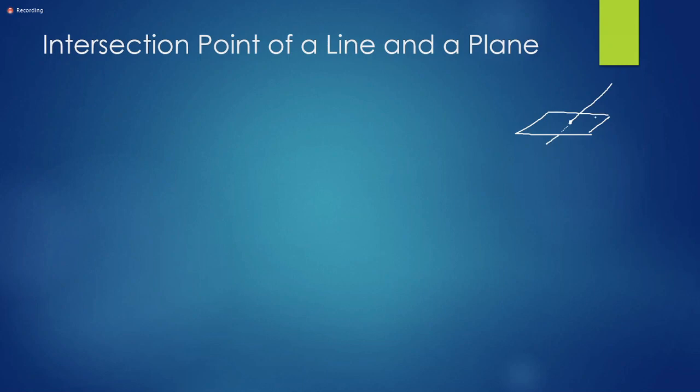The line is given by a canonical equation. The plane is given by the normal vector equation, the standard equation. We need to find the intersection point. So in principle, yes, it would be possible to solve a horrible system of equations.